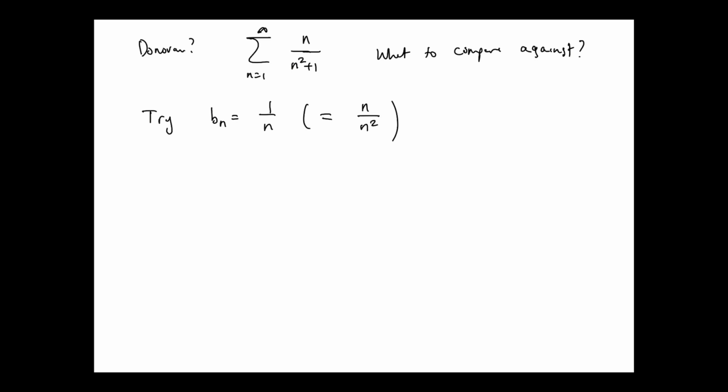Now, what about if you have something like a square root? Let's talk about that, for example. What about if I had something like this? What's the biggest power of n on top? 1/2. What's the biggest power of n on the bottom?